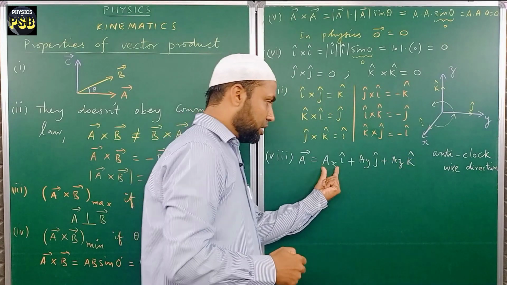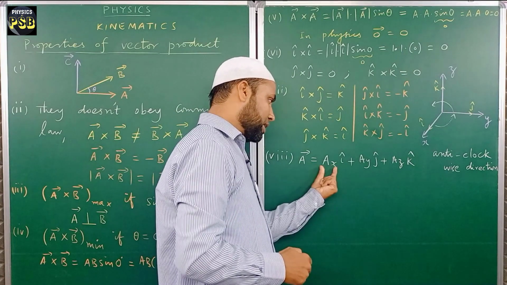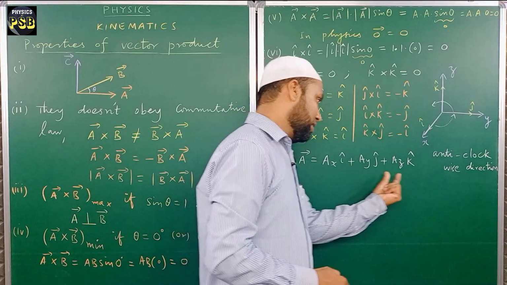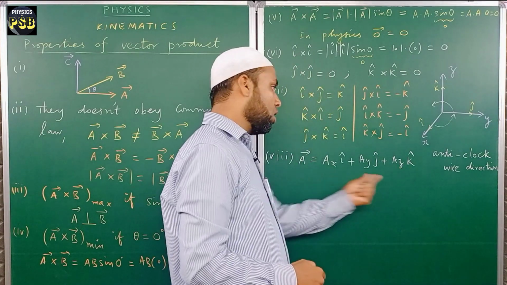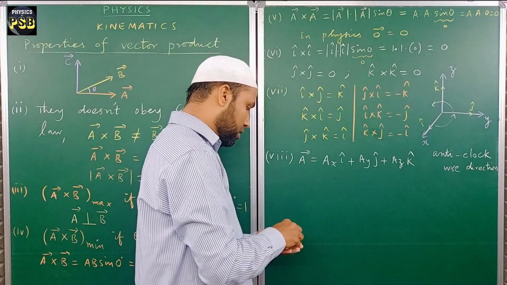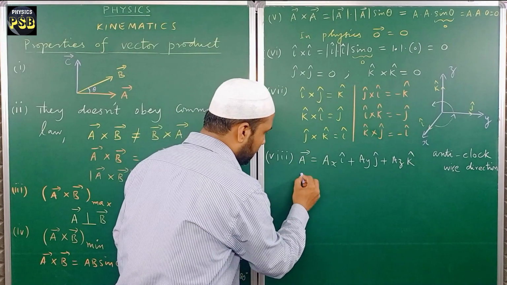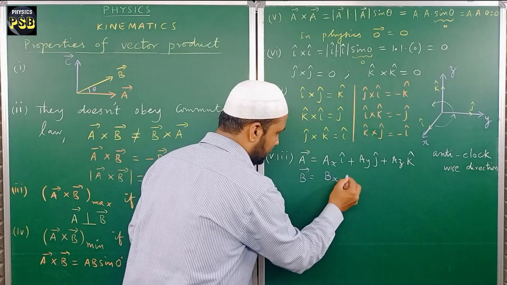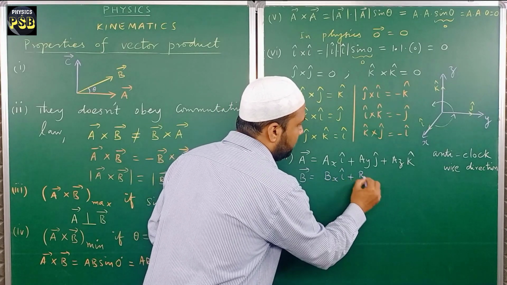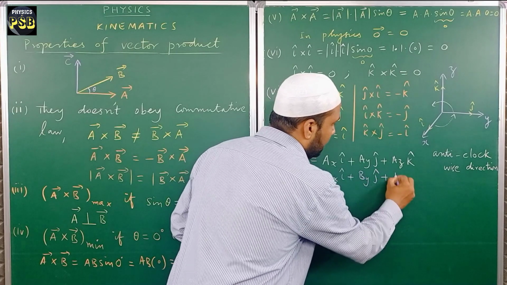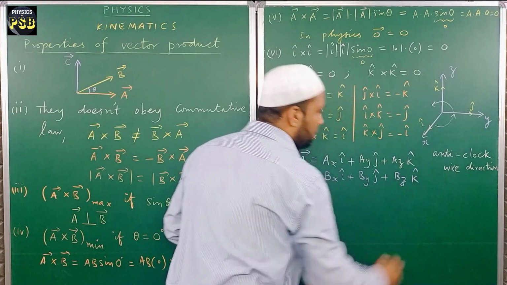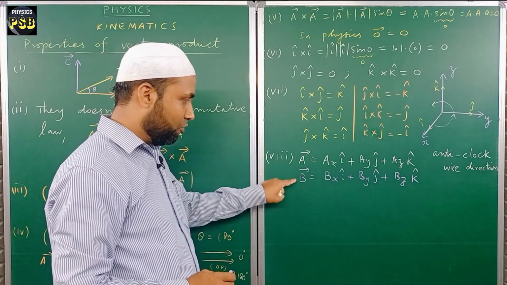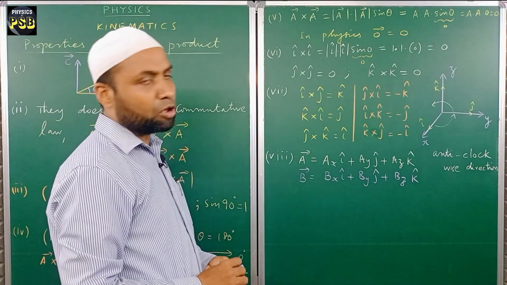Here ax is the component of vector A along x-axis, ay is the component along y-axis, and az is the component along z-axis. Then I'm going to multiply this with vector B, so I will split vector B into its components as bx i cap, by j cap, and bz k cap. Now look at this carefully. How am I going to get the cross product of vector A and vector B based on their components?